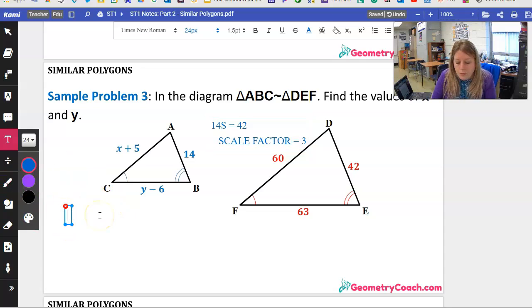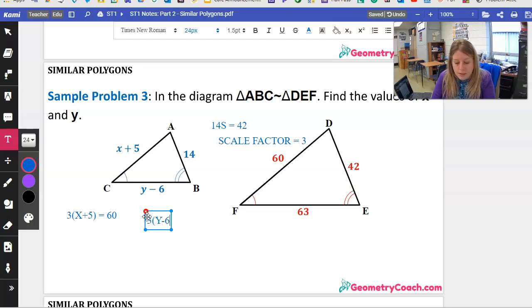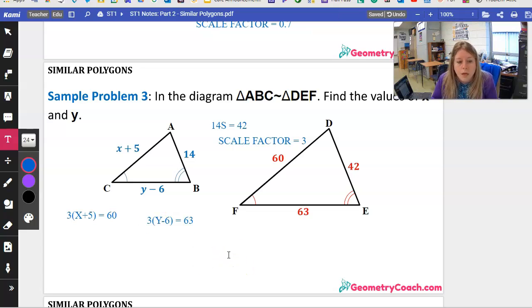So if I do 3 times X plus 5, I'm going to get 60. And if I do 3 times Y minus 6, I'm going to get 63. Okay? I want you to work those two equations out and solve it for X and Y. Go ahead and pause it.